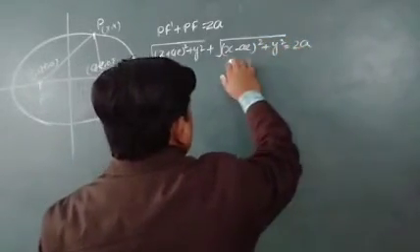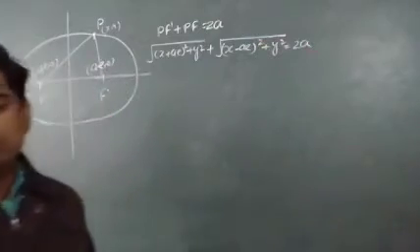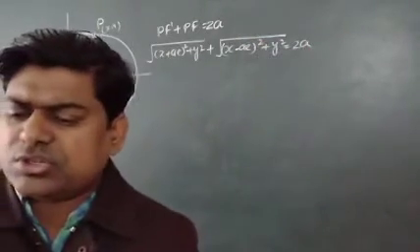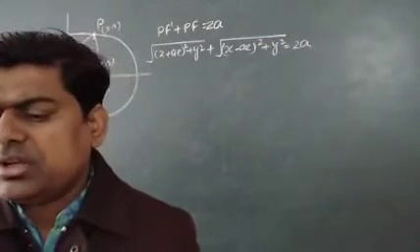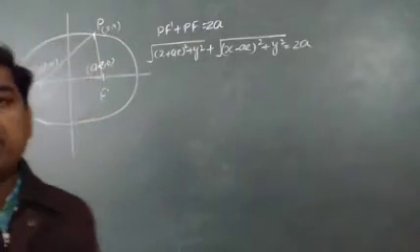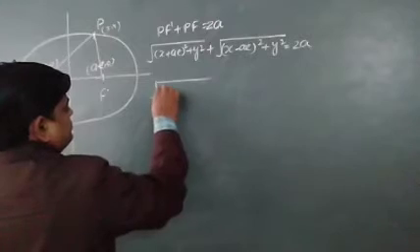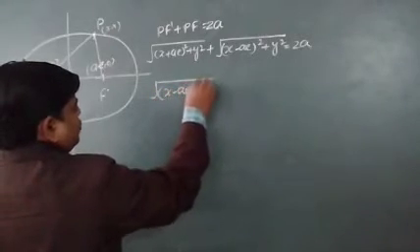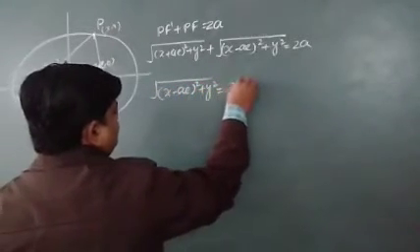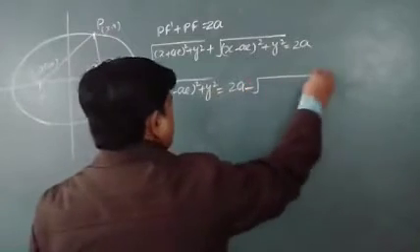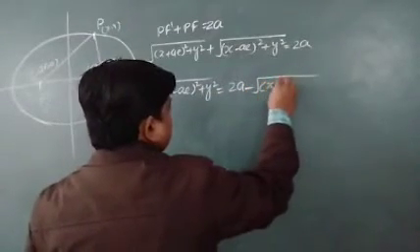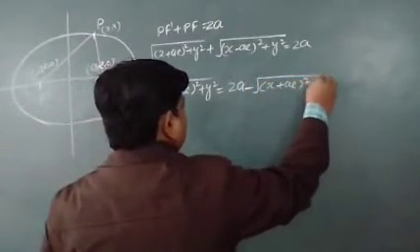I will transpose one to this side, only one. Any of these two, I am just transposing to the other side, and then easily I can find the result. Now see, if I am writing here, under root (x minus a) the whole square plus y square is equal to 2a minus under root (x plus a) the whole square plus y square.